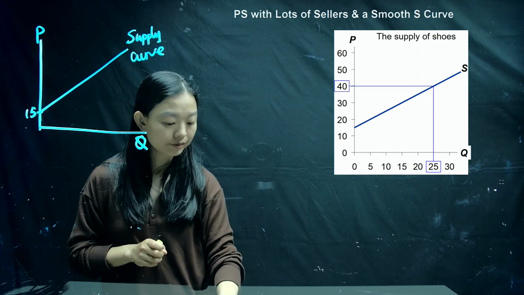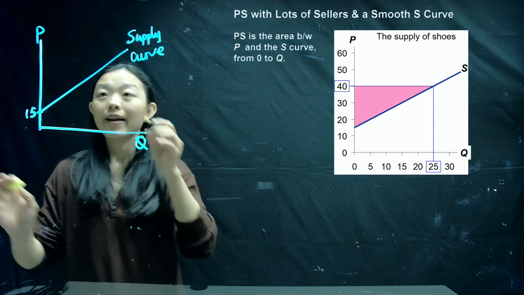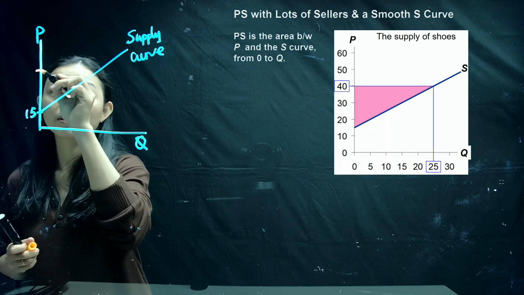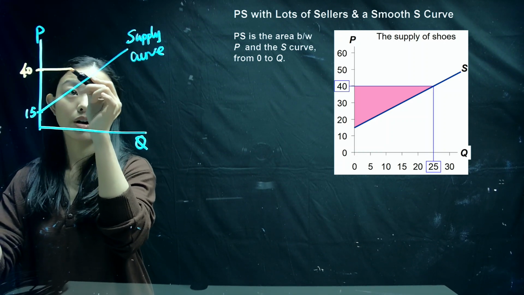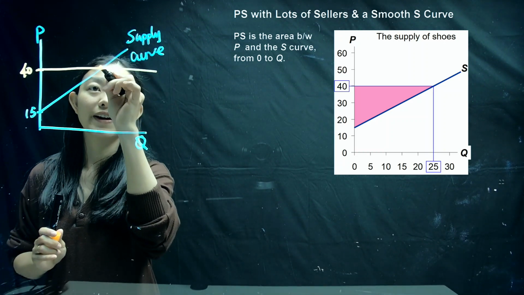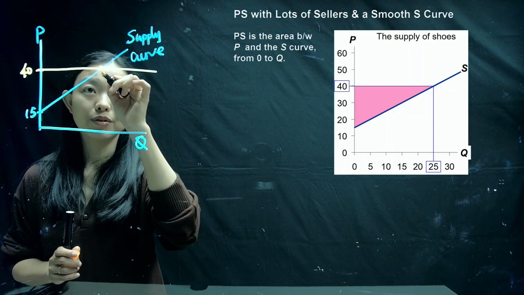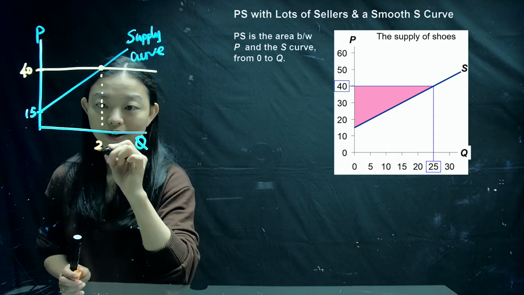And then we would like to say, if the market price is $40, okay? If the market price is $40, then first you need to draw a horizontal line across the whole graph, and you can find one point on the supply curve. So from the supply curve, you can find the corresponding market supply equals 25.